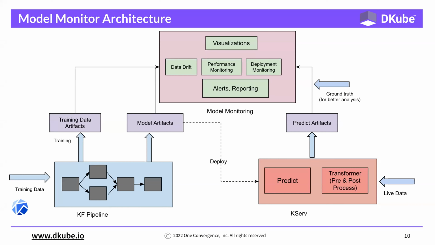So you have the live data coming, and based on the live data, KServe logs the data through these cloud events. And then they get fed to this block on the top, which is model monitoring. It does data drift given the two data sets. And then once you have the ground truth, it can calculate better metrics.